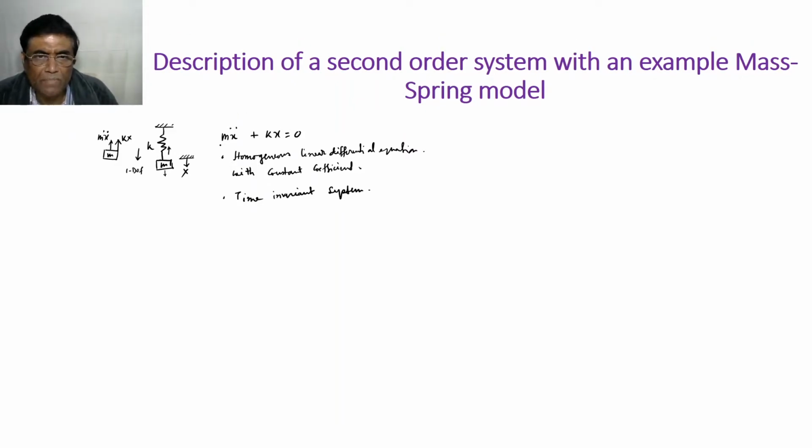But in all system modeling, this need not be so, because in the case of a missile, for example, or an aircraft which has a certain mass during takeoff, and then as it goes, the mass reduces. So this is not the model of that kind of system.